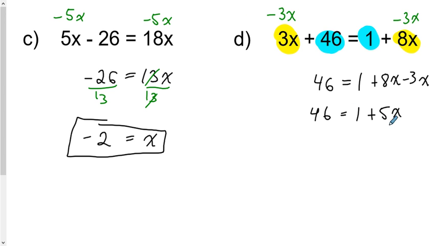And this looks pretty familiar to us at this point. Let's get this 1 out of here by subtracting 1 from both sides. 46 minus 1 is 45. So I've got 45 equals 5x. Let's divide both sides by 5 to get that 5 out of there and have x by itself.